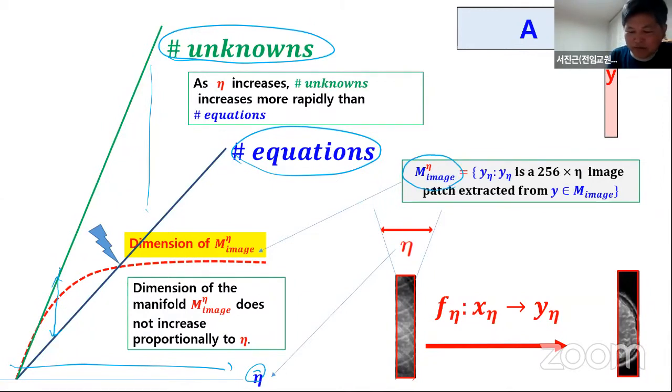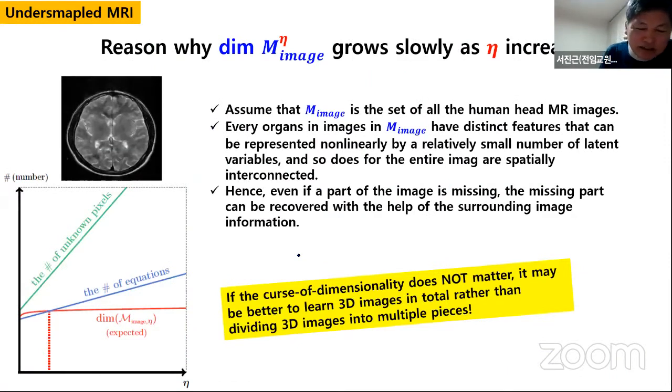If you look at the manifold, it is not increasing much. Here is the solvability. Below here, not solvable, and here is solvable. So the dimension of the manifold does not increase rapidly. The reason why the dimension grows slowly as eta increases is that, assume M is the set of all human head MR images.